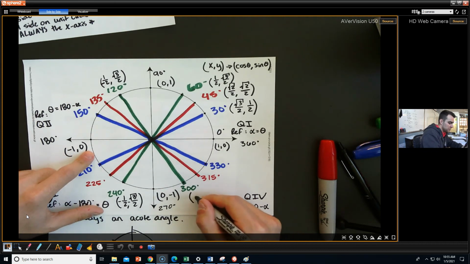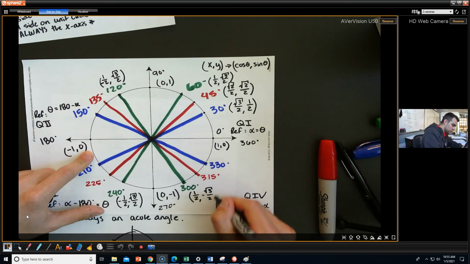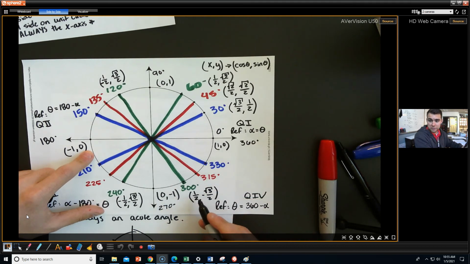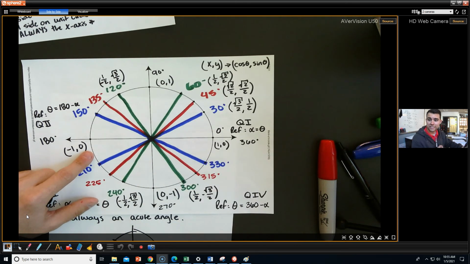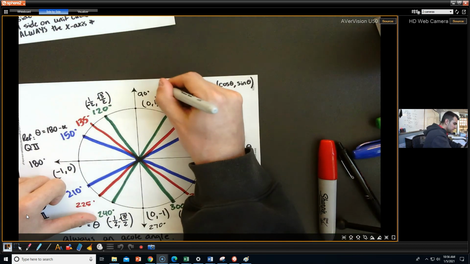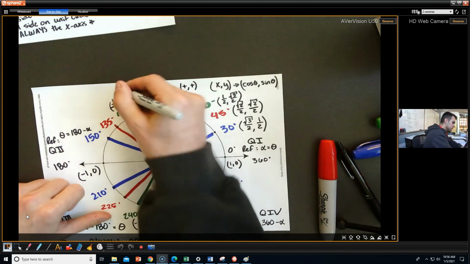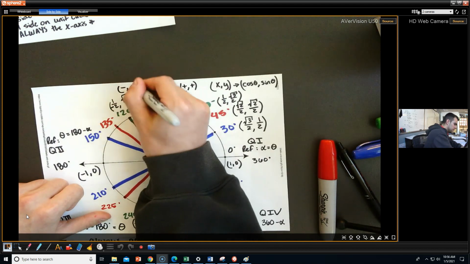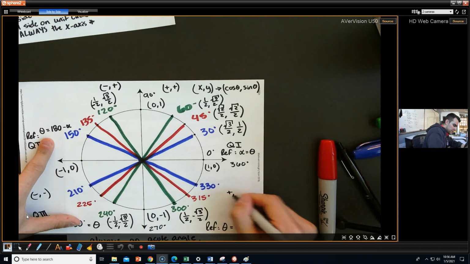This is going to be positive 1/2 comma negative square root of 3 over 2 for 300 degrees, since it corresponds to the 60 degree reference angle. The last thing we might want to include on our chart is just the signage. So I'm going to put positive, positive right here. I'm going to put negative, positive, and so on and so forth. This is negative, negative, and this is going to be positive, negative.